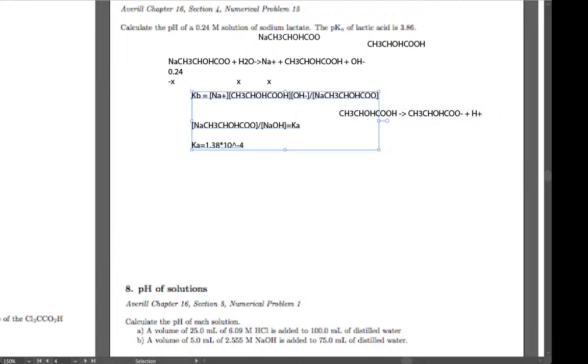By the way, the molarity of CH3CHOHCOO must equal the molarity of CH3CHOHCOO minus. So basically this Na here is not really required because the molarity will be the same, and then theoretically the Kb should also be the same.